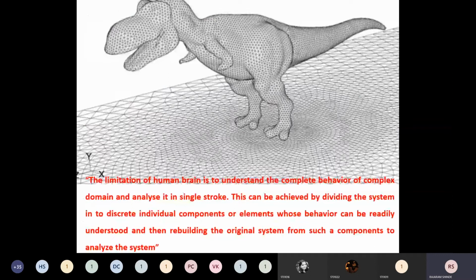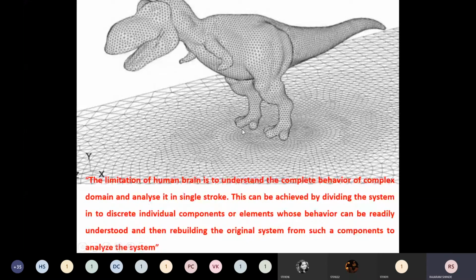Now you see this image, and you can read the sentence written below this image. Here, the limitation of the human brain is to understand the complete behavior of a complex domain and analyze it in a single stroke.